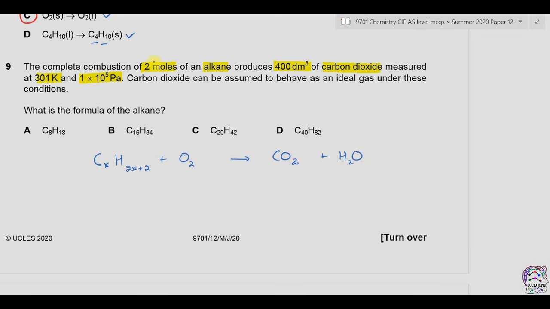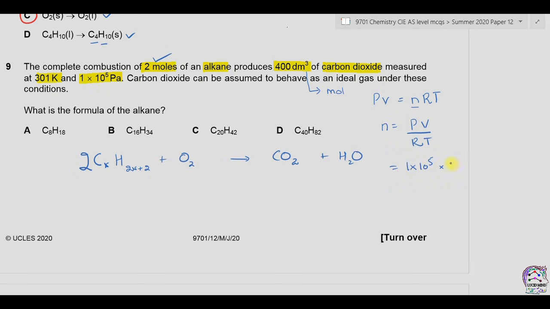Now in the question they have already given the number of moles of alkane, so there are 2 moles of this alkane being burnt. Now the volume of carbon dioxide is given. Let's first find the number of moles of carbon dioxide. According to the ideal gas equation, PV is equal to nRT, where n is the number of moles. So n will be PV divided by RT. Now the pressure is in pascals, so we can write 1 times 10 to the power 5.